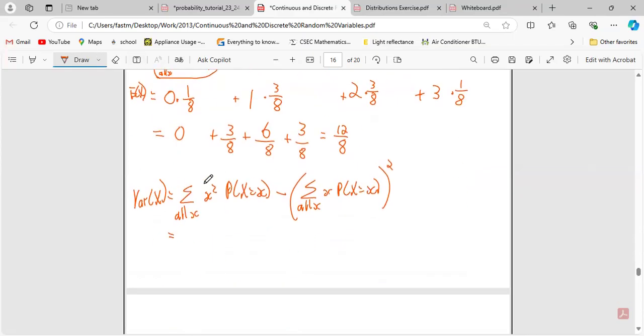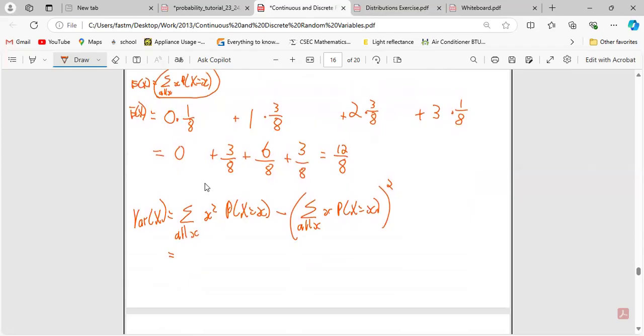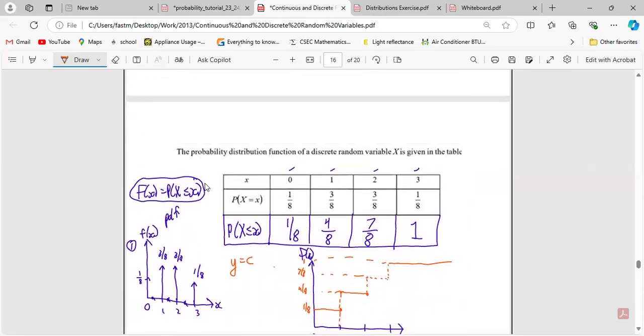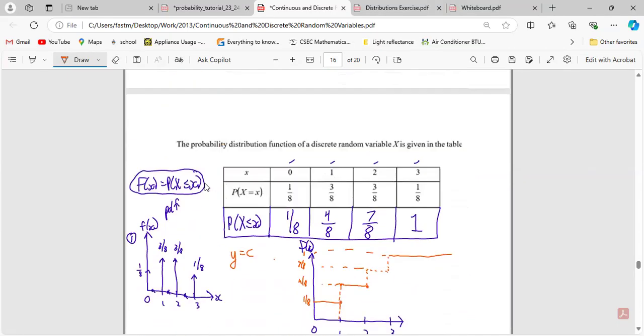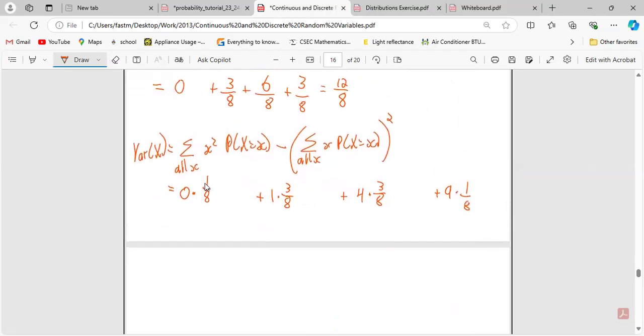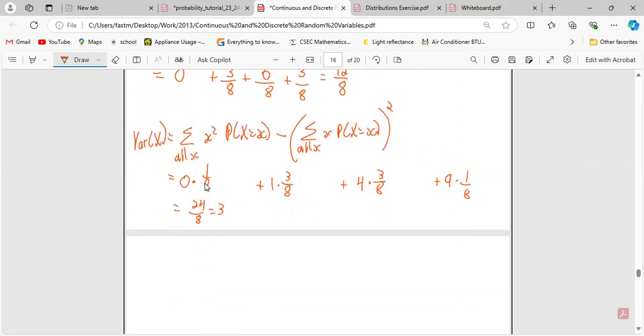So x squared was 0, then 1 squared is 1, then 2 squared is 4, then 3 squared is 9, then multiplied by the respective probability. So same here as before, but I did it in the wrong place. So 1 on 8, 3 on 8, 3 on 8, 1 on 8. I think I already had the answer for it, which was 24 on 8, which is 3. Because we did it already, we just did it in the wrong place.